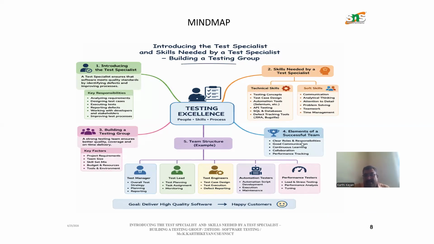Fourth, elements of a successful team. Fifth, team structure, for example test manager, test lead, test engineer, test automation, and performance tester. Finally, attain your goal, delivery of high quality software. This makes your customer as well as your stakeholders happy.